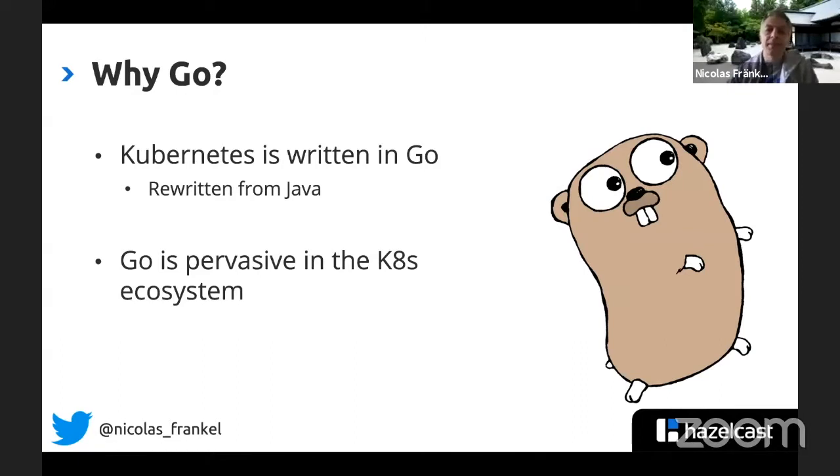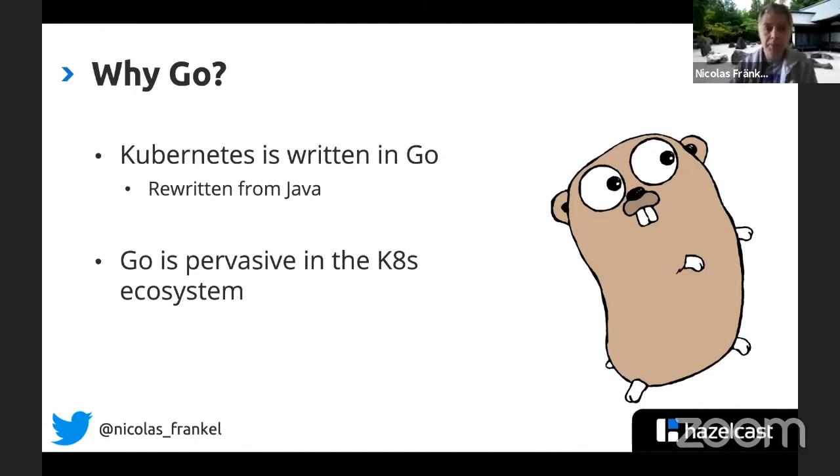And so I think that's the reason for this everything-in-Go stuff. This rewriting took place, and now a lot of people associate Go and Kubernetes together, so that it's very pervasive. If you check the ecosystem, you have some components that are not written in Go, but most of them are written in Go.